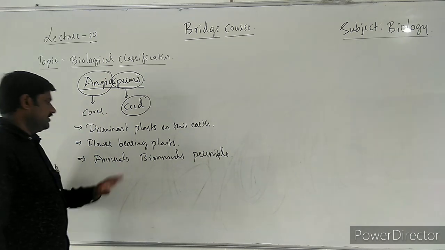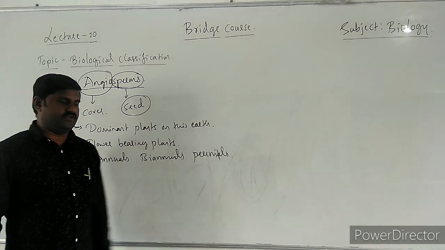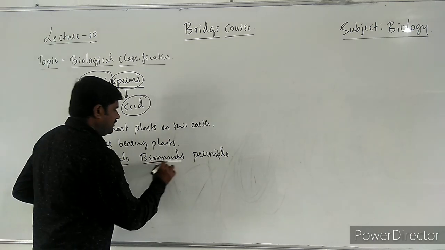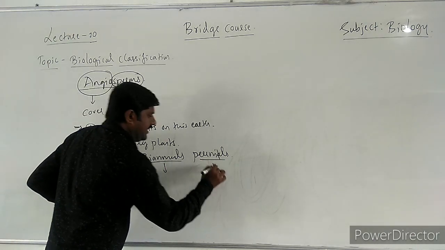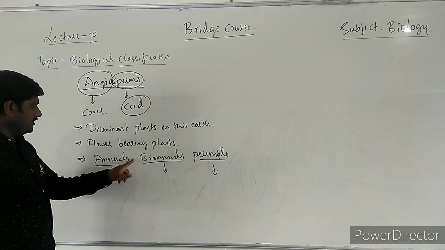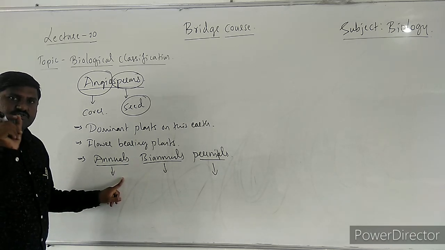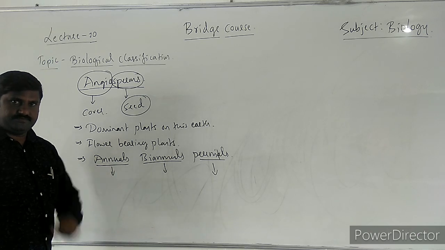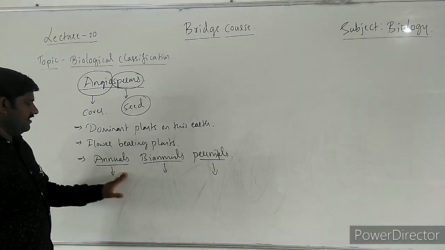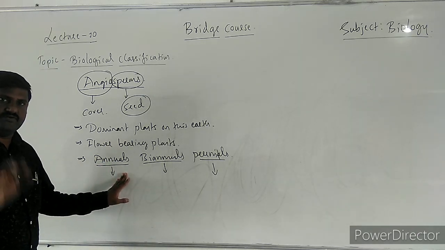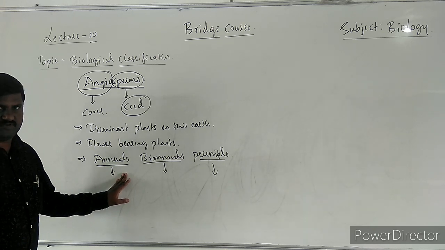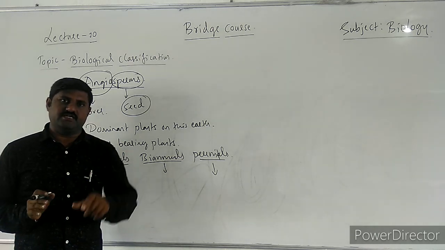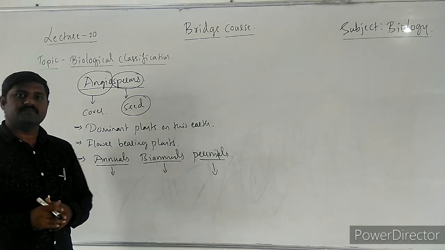They have been classified into three groups: annuals, biennials and perennials. So annuals are the plants which complete their life cycle within 1 year. Jowar is the best example for this one, right? Those plants which exist for 1 year are said to be annuals.